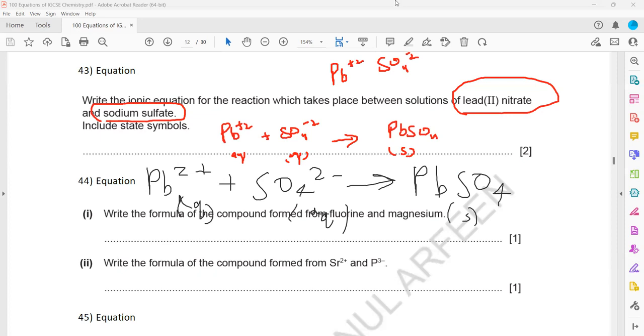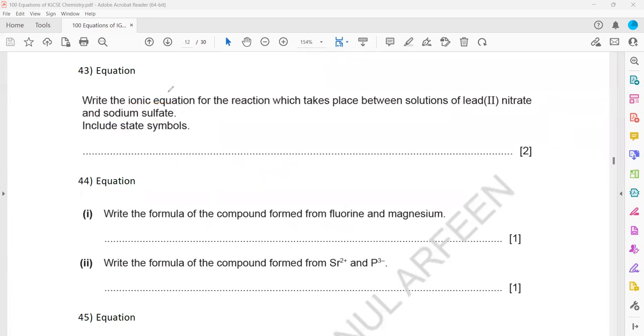But what if the same question says, write the equation for the reaction between lead nitrate and sodium sulfate? In that case, we have to write a full equation, in which lead nitrate and sodium sulfate result in the formation of lead sulfate, PbSO4, plus sodium nitrate.